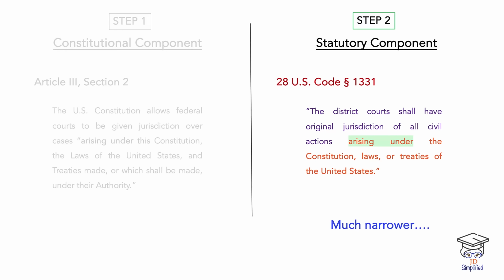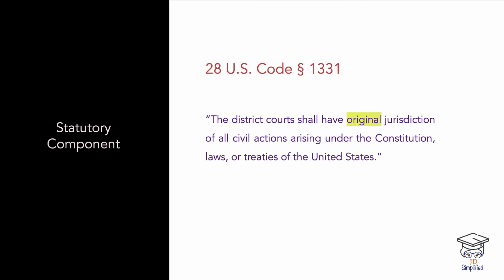This is where the meat lies. This is the material that is tested. The district courts shall have original jurisdiction of all civil actions arising under the Constitution, laws, or treaties of the United States. Now remember, the district courts are the trial courts. They're the lower courts. And what is original jurisdiction?